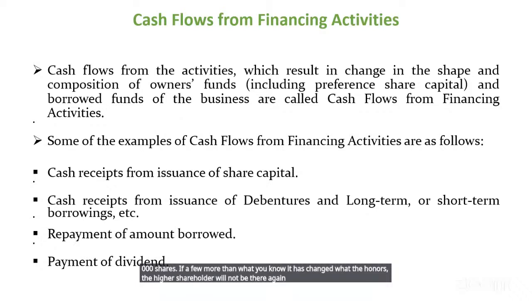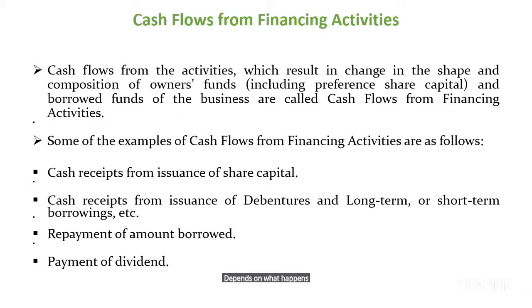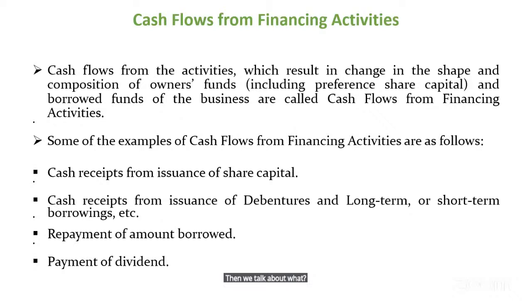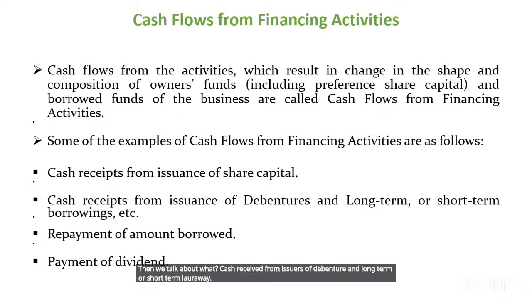Maybe the majority shareholder will now become a minority shareholder. Depends on what happened. There's a change in the composition of owners' fund. Then we talk about cash received from issuance of debenture and long-term or short-term borrowing. Debenture is also like a debt.